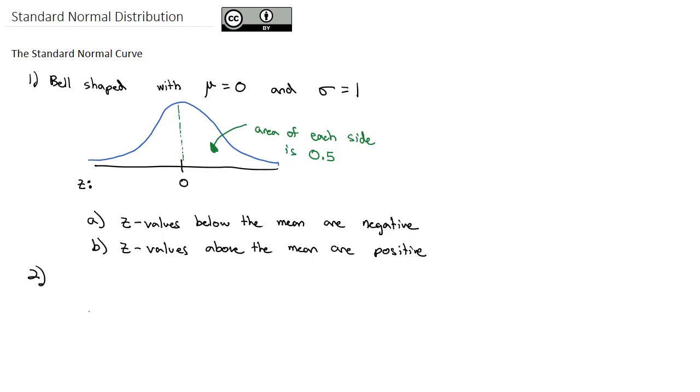So to find probabilities off the standard normal curve, one common way is to use technology. And we're going to use Excel, which can find the area to the left of a z-value.